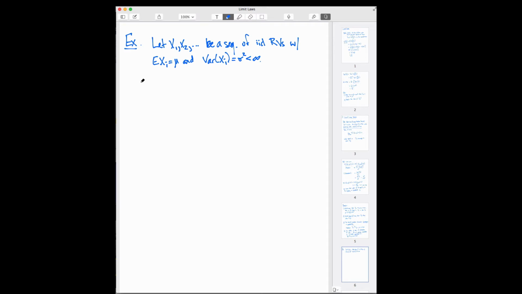And so we need a definition before we begin, and that definition is going to be for the sample variance. And the sample variance, let's give it some notation. So let's let that be S squared sub n. That's a capital S so that we know that it's a random variable.